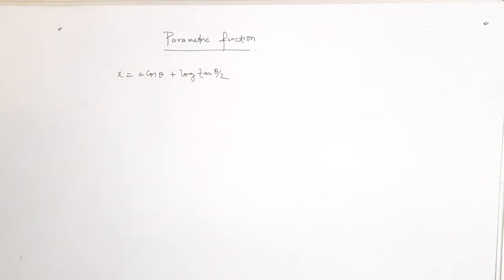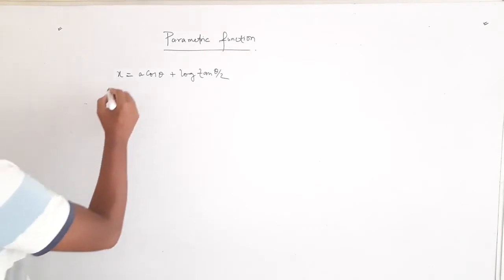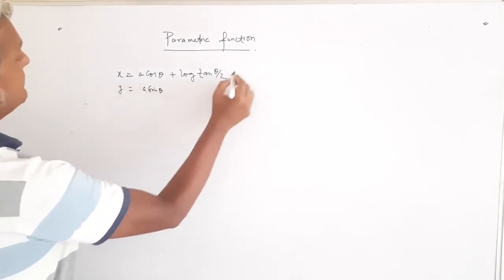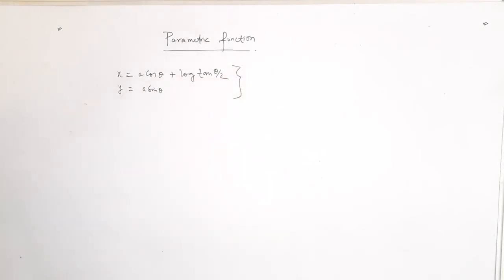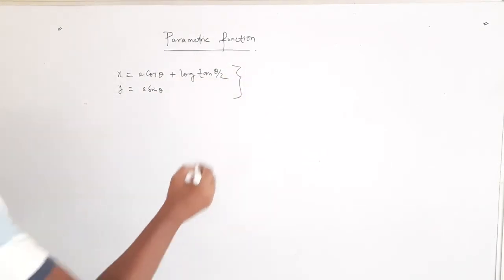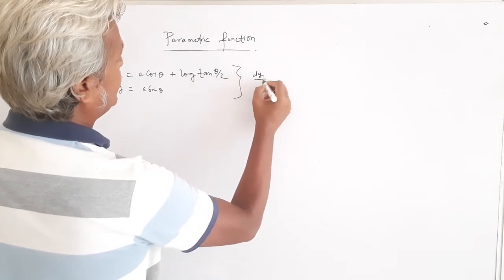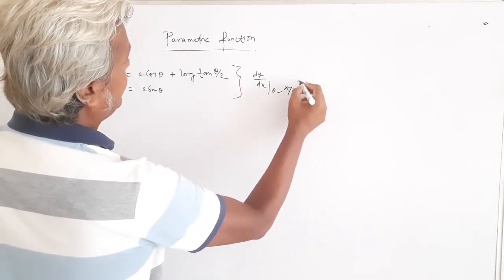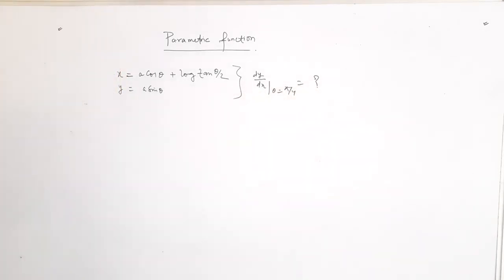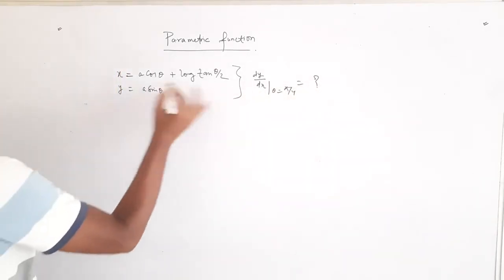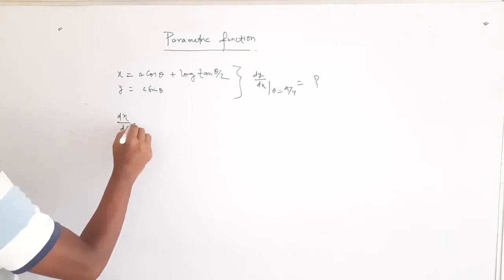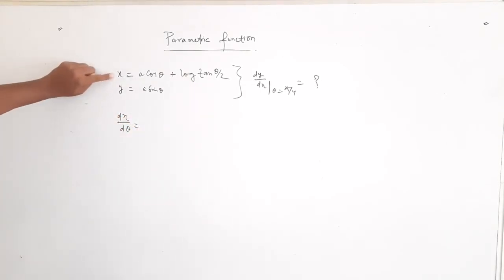Now another one, y equals a sine theta, and we have to find dy by dx at theta equals pi by 4. So we have to find dy by dx at theta is pi by 4, what is it? So I simply try to go directly. dx over d theta means differentiating this equation with respect to theta.